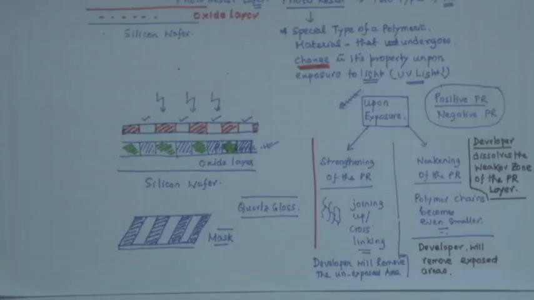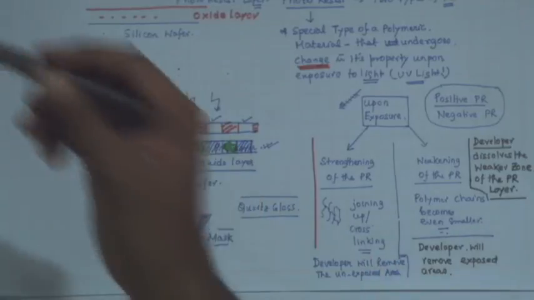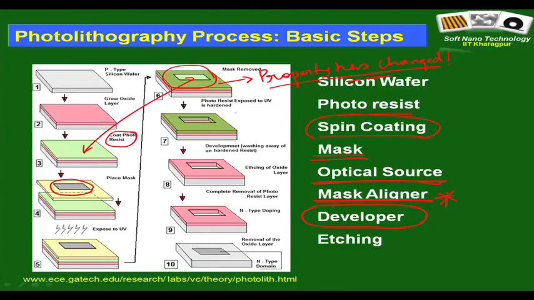Now, let us look into the schematic we have. So, this is the development process. Between this step and this step, this exposed photoresist layer has been subjected to development.